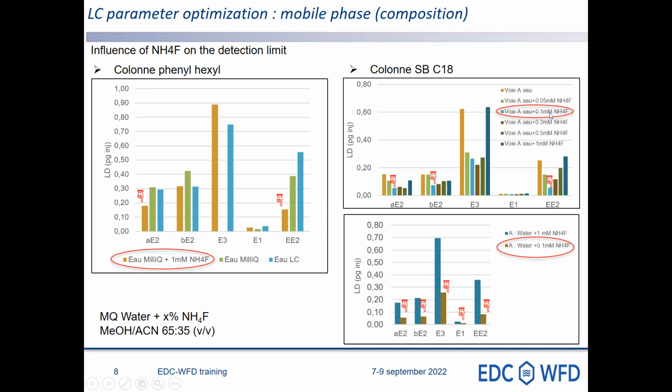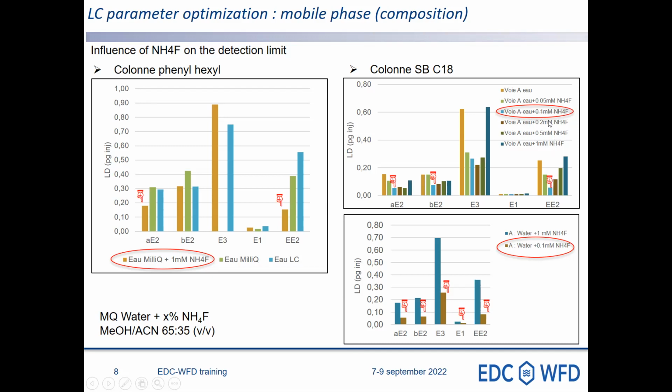And here you also have important examples, showing you the importance of the optimization of the content of NH4F in these mobile phases. You see here different contents, and you see that it's not because you put a high amount of NH4F that you will achieve the best sensitivity.